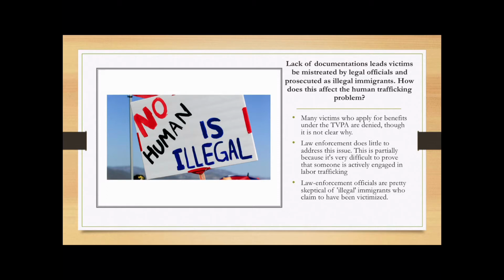When police get called to traffickers' houses or workplaces, for example, they often trust traffickers over victims. In one case, a farmer shot at a trafficked farm worker who was trying to escape. When the police came, they arrested the farm worker for being an unauthorized immigrant.